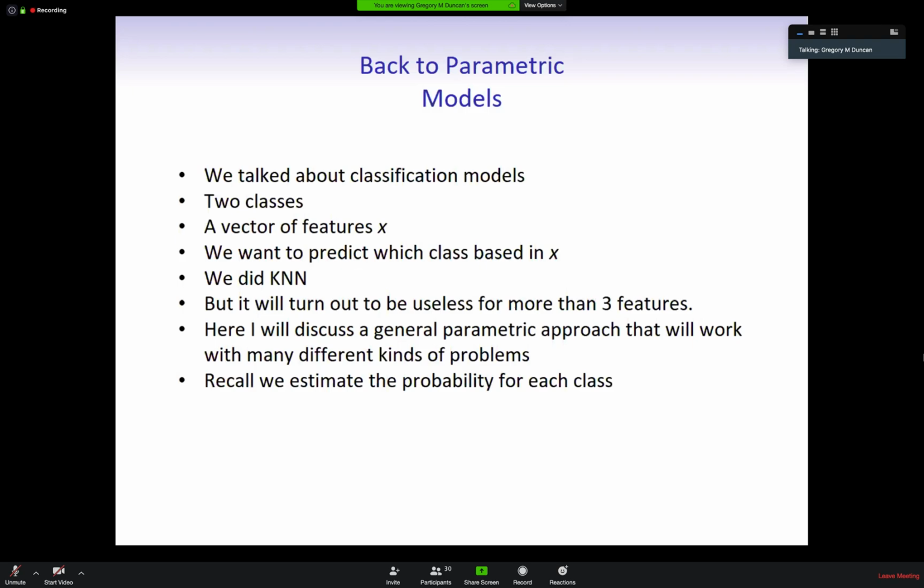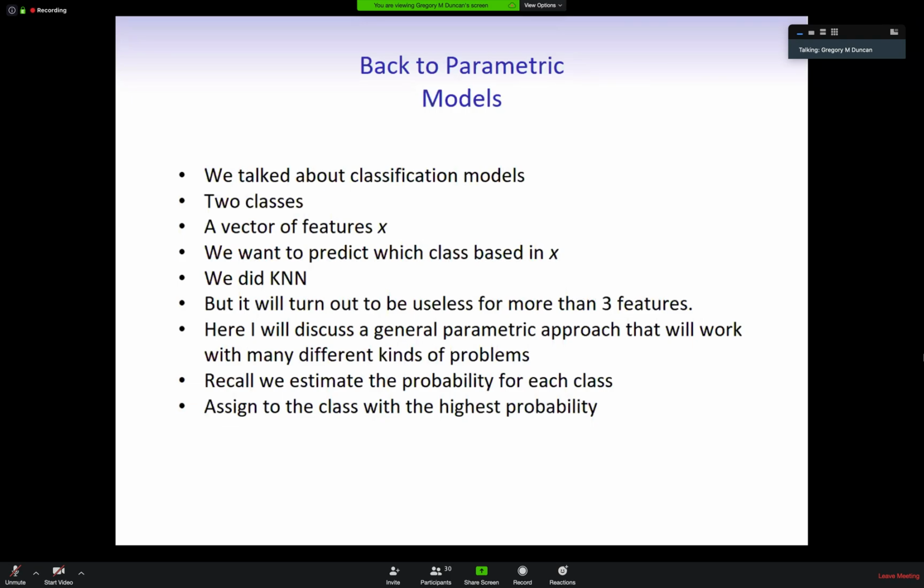Recall, we estimate the probability for each class, and we assign to the class with the highest probability. So if your characteristics are the vector X, and I want to know which class I should assign you to, are you somebody who has COVID? Are you somebody who doesn't have COVID?